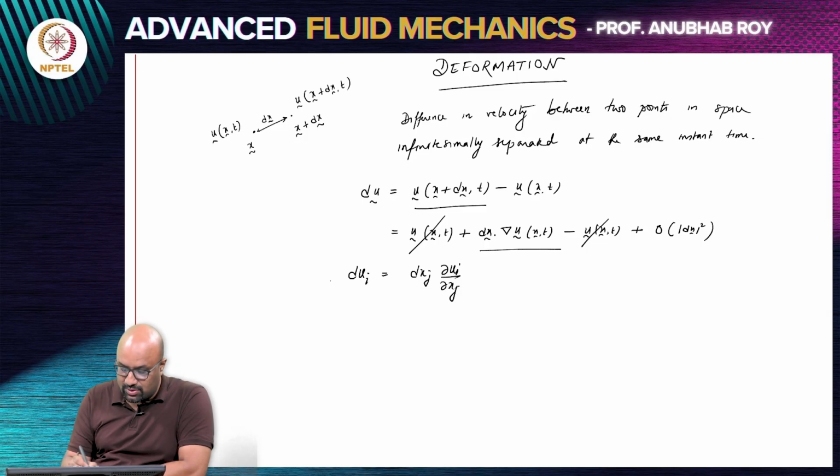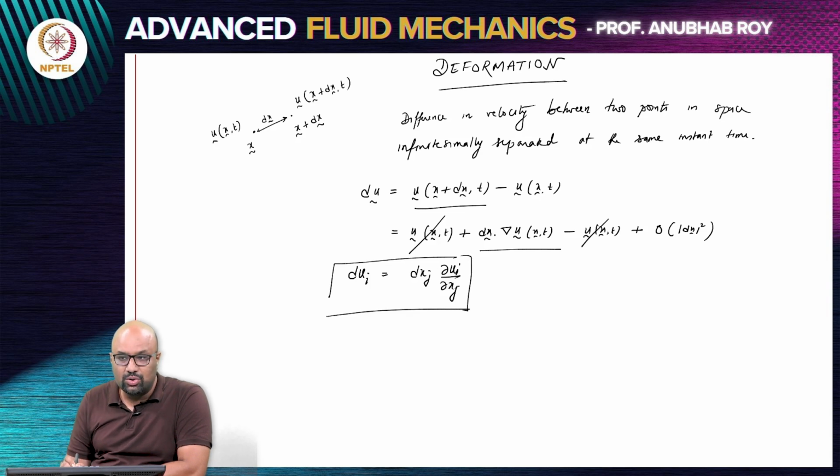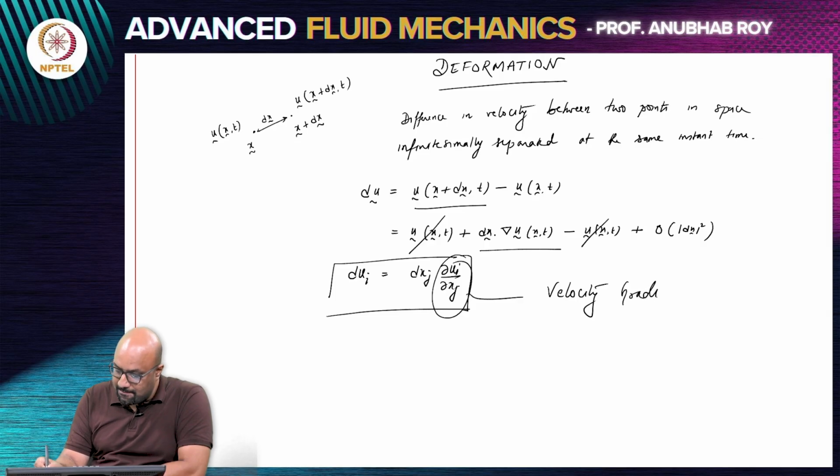As dx goes to 0, the change in the velocity is related to the change in position via this object, which is known as the velocity gradient.